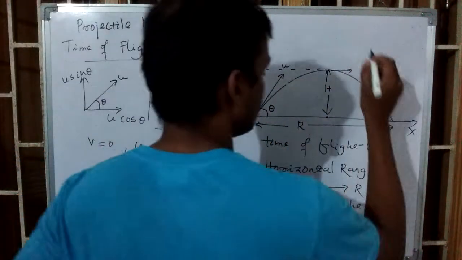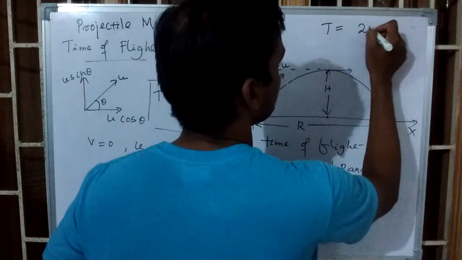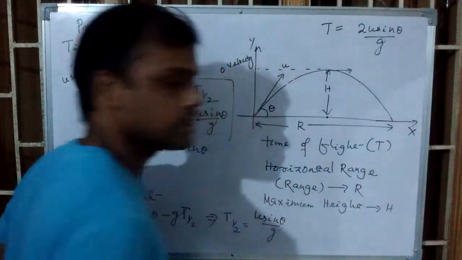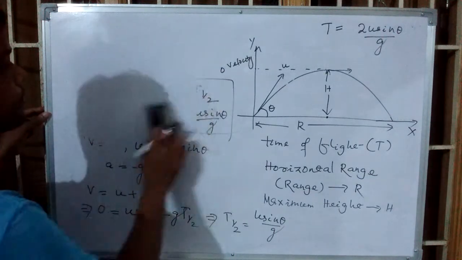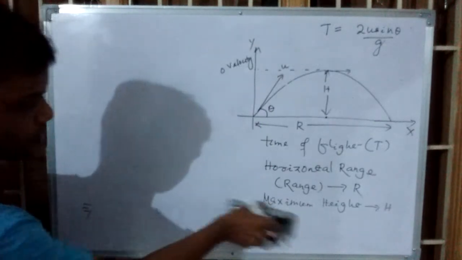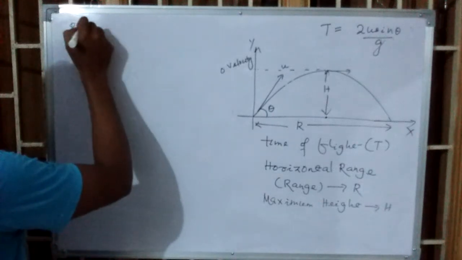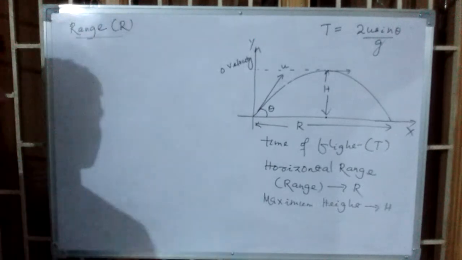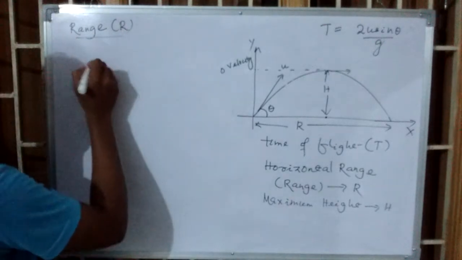Time taken t we have got. So t is equal to 2u sin theta by g. Now next is range. Now again I am coming to the resolution of u.